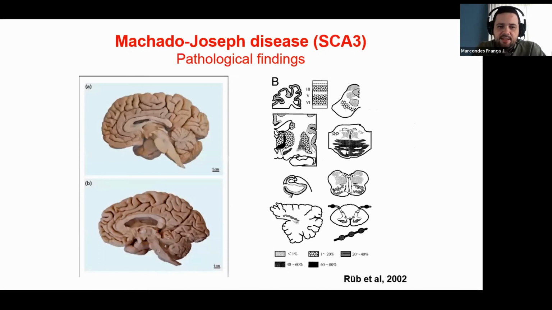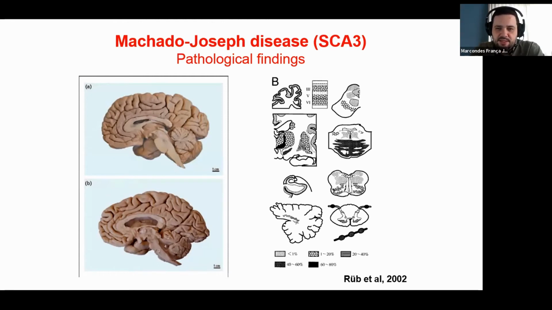Indeed, when we look at pathological data, it becomes quite clear that the cerebellum is involved, as you can see in this slide, but there are many other regions which are also relevant targets of degeneration: the cerebral cortex, the basal ganglia, and also structures such as the brainstem and the spinal cord.